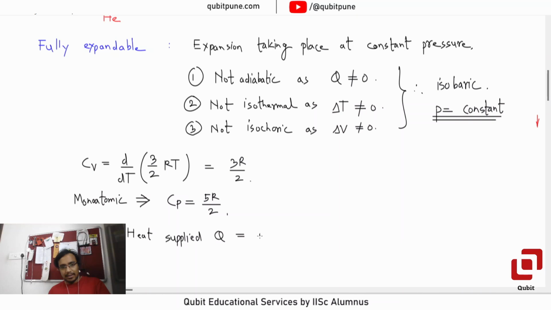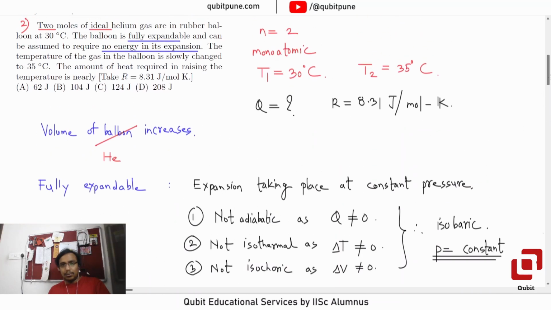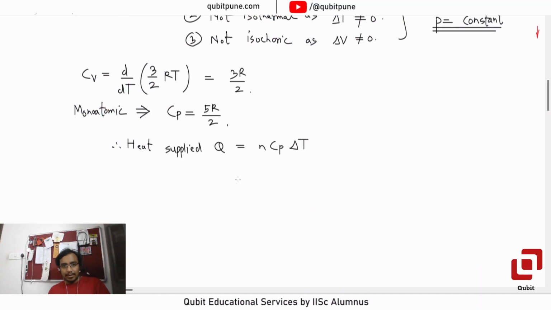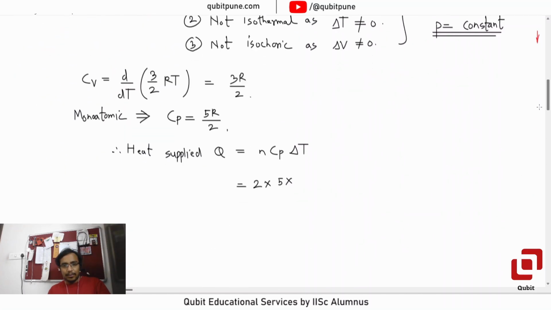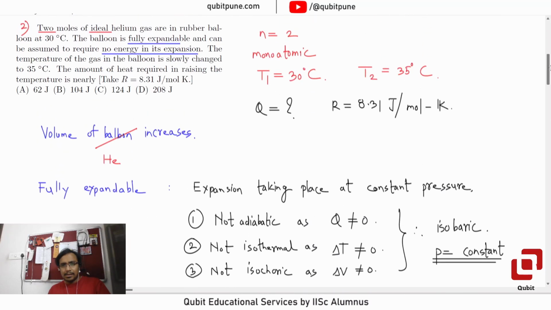Q will be n Cp delta T. n is 2. Cp is 5 into R, 8.31, by 2, and how much is delta T? 5 Kelvin or degree Celsius, it doesn't matter.